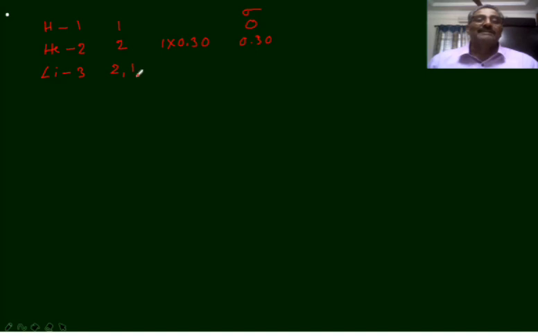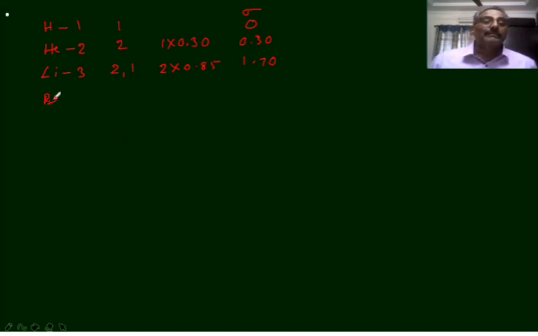For all the s and p electrons in the outer shell, the inner electrons cause a value of 0.85 for the screening constant. There are 2 electrons in the inner shell of the outer electron. So 2 into 0.85, that is equal to 1.70. That is, the sigma value is 1.70 for lithium.